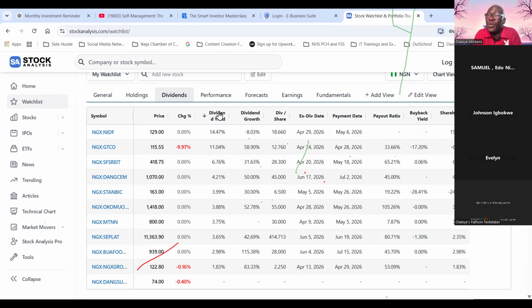And that's why I always tell people, if your portfolio is 500,000 and you now decide to go and buy 15 stocks, there will be many of those stocks that have dividend yield of less than 3%. In fact, a lot of them might even have less than 2% dividend yield.